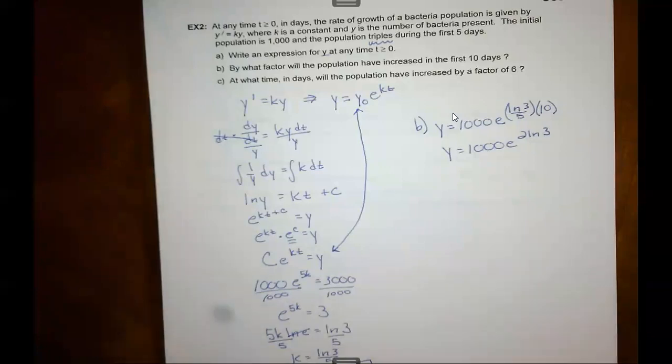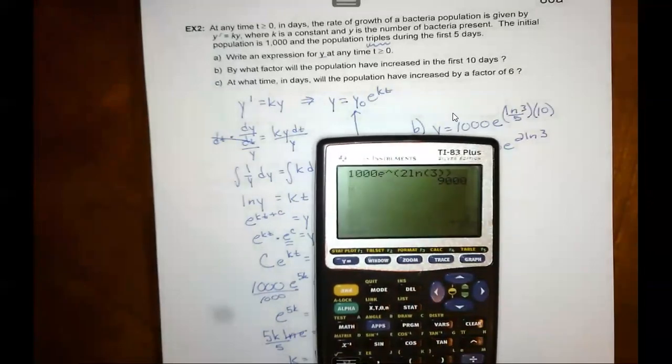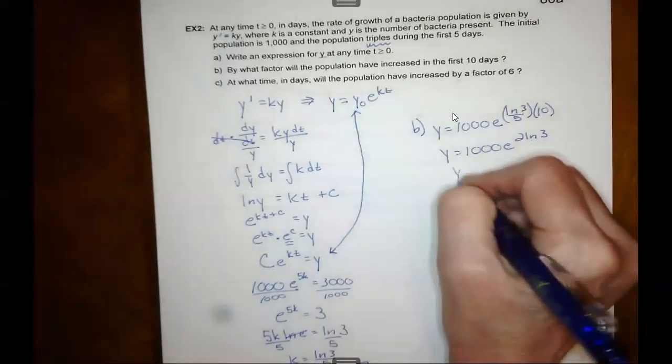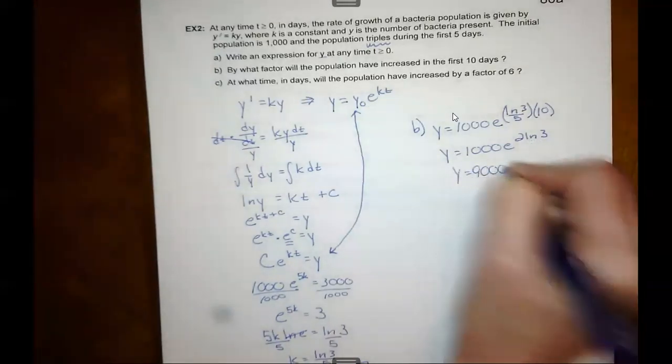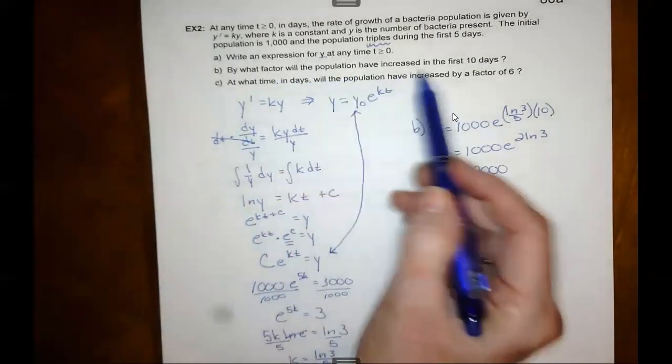Okay, so we're going to type that in the calculator: 1,000 e raised to the 2 ln of 3 power. We get 9,000. So y equals 9,000.